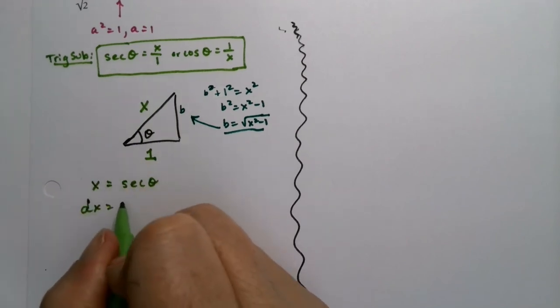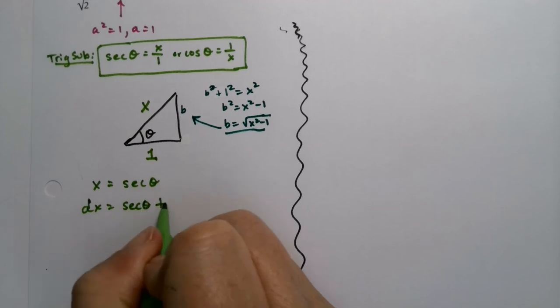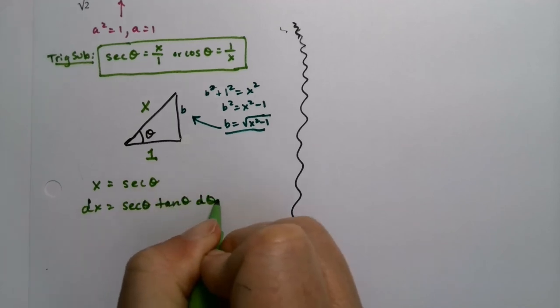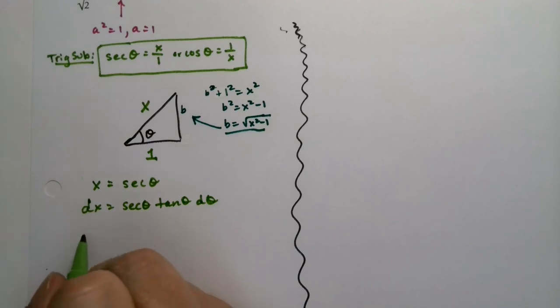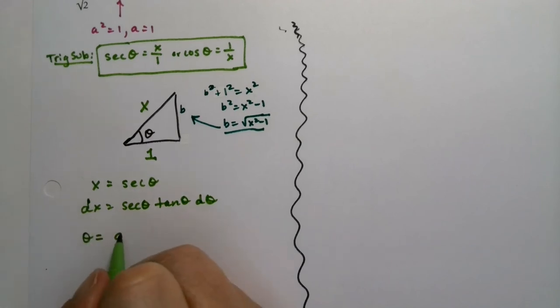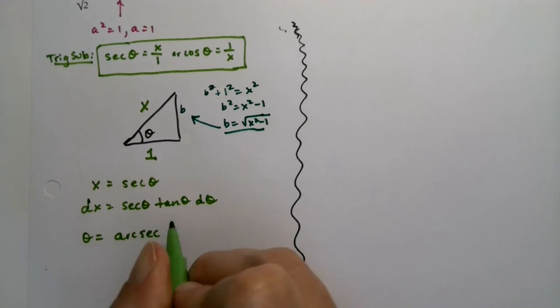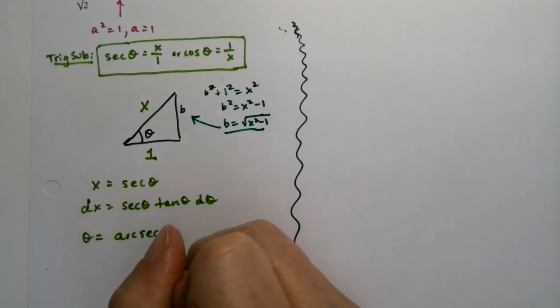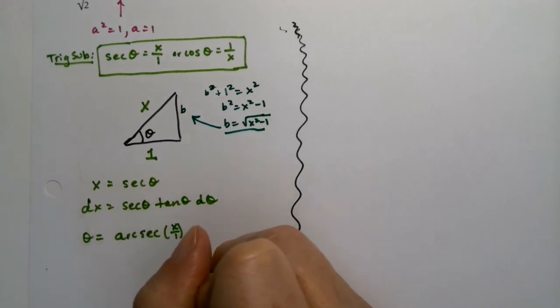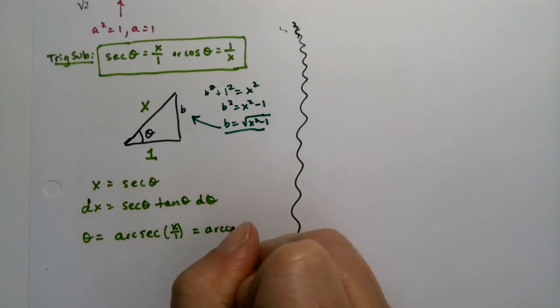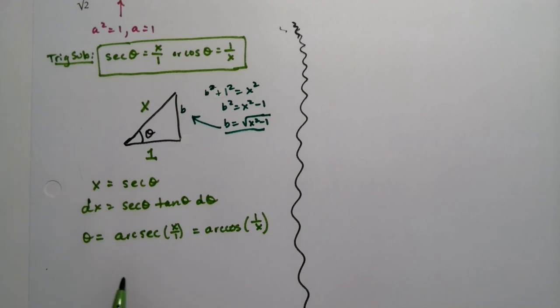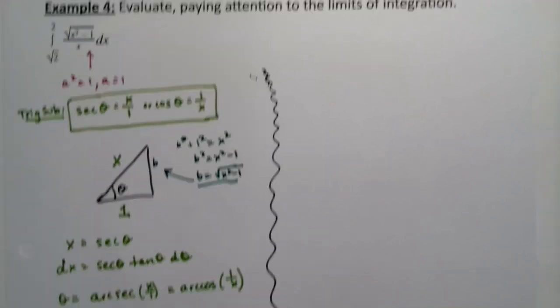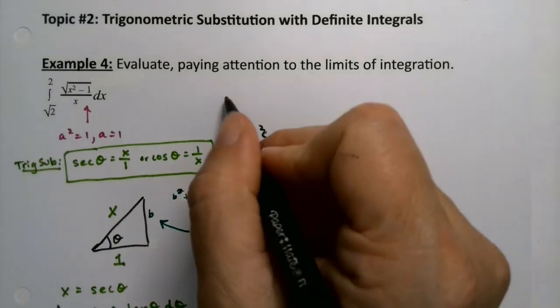Dx is the derivative of that, which is secant theta tangent theta d theta. And then theta would be equal to the arc secant of x over 1, or that would be the arc cosine of 1 over x. And if we need any more, we'll come back. Let's just use that piece.